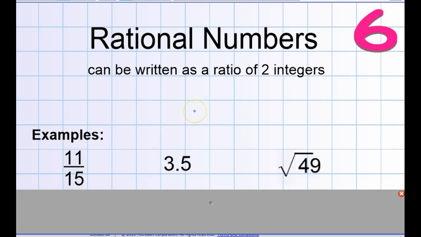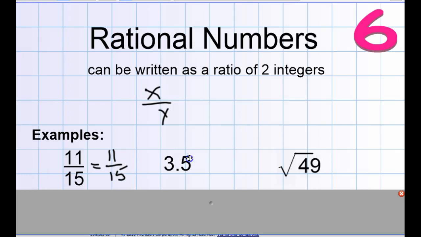So again, rational numbers can be written as a ratio of two integers. So a ratio is something x over y. So two integers, numbers, any number, negative or positive. Here, our ratio could just be 11 over 15. That would give us our fraction, our ratio.